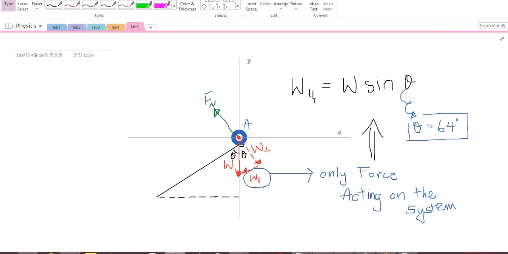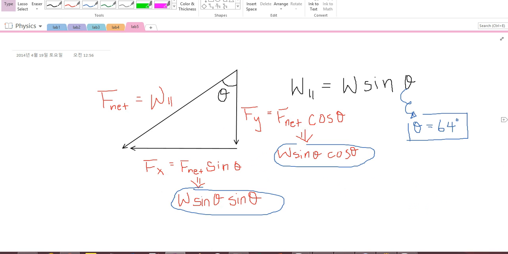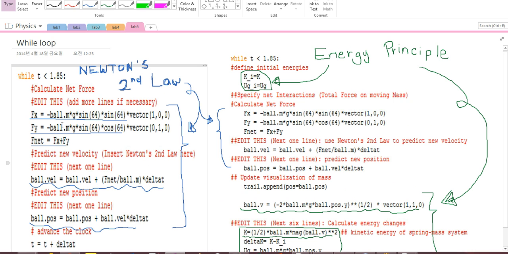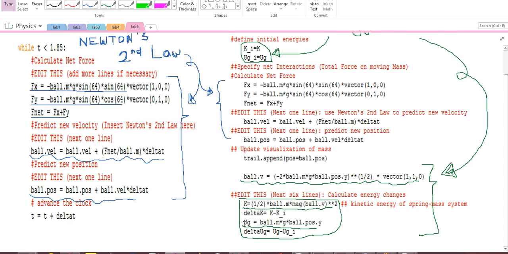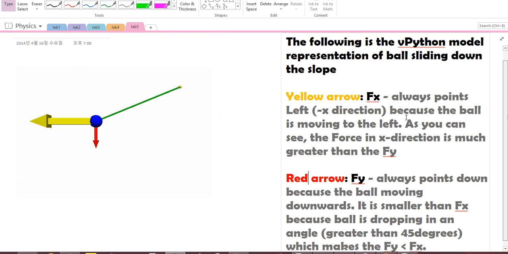The weight force parallel is weight force times sine theta, where theta is 64 degrees. I calculated this, separated it into components, and plugged it in here. And for the energy principle, I used the formulas for kinetic energy and gravitational potential energy. So for this, I'll explain the VPython model.